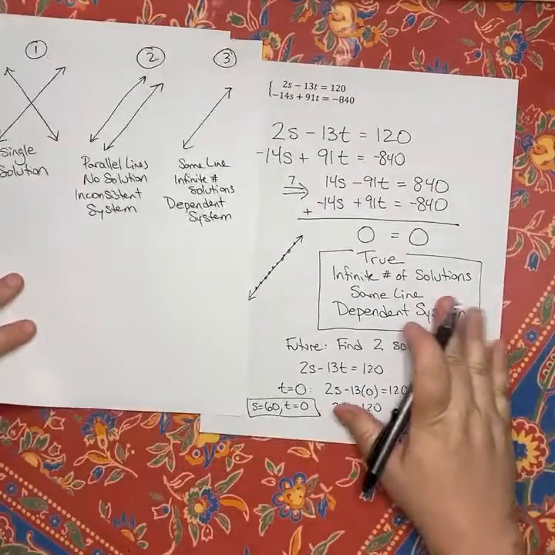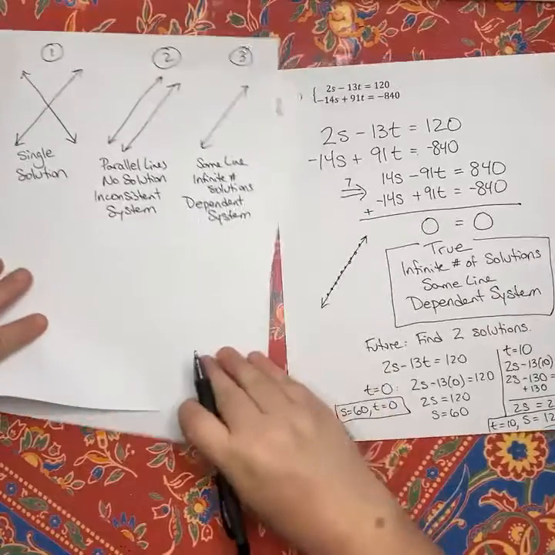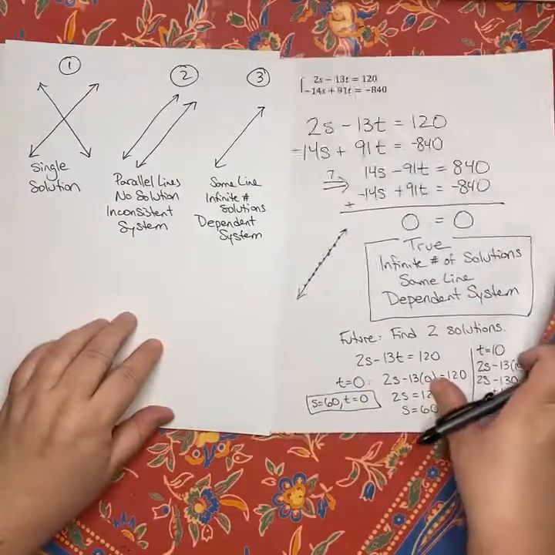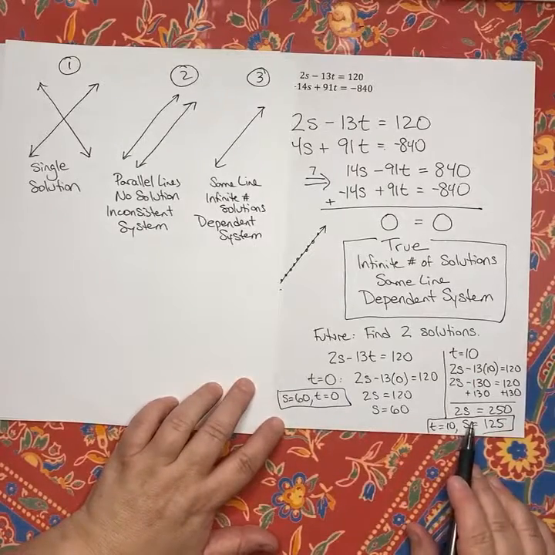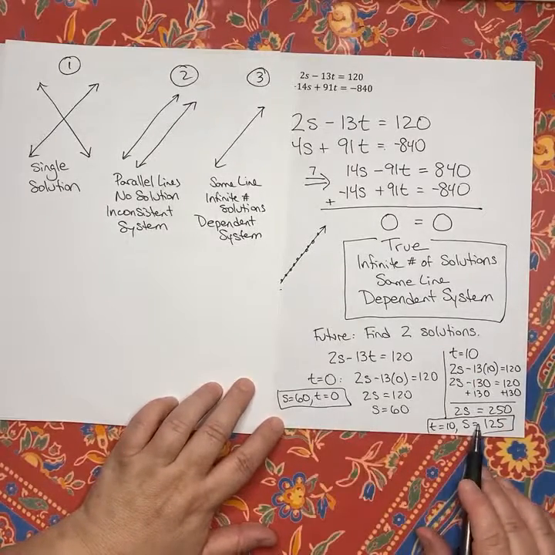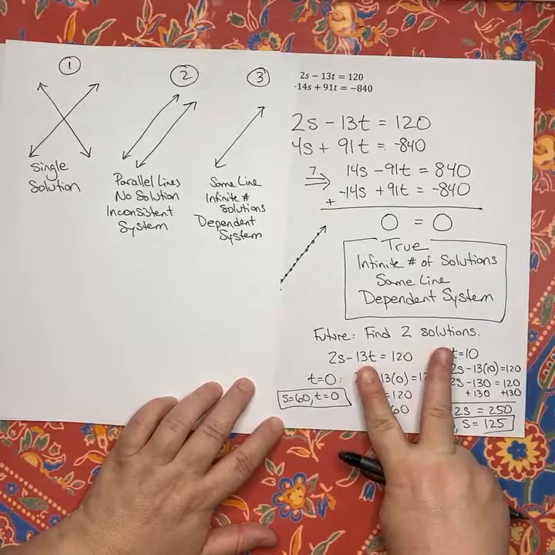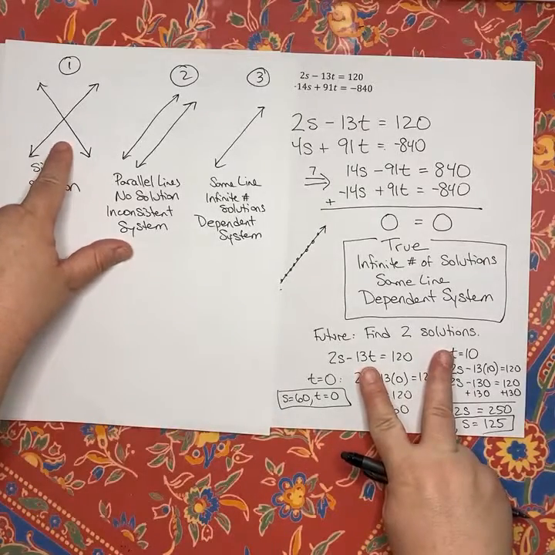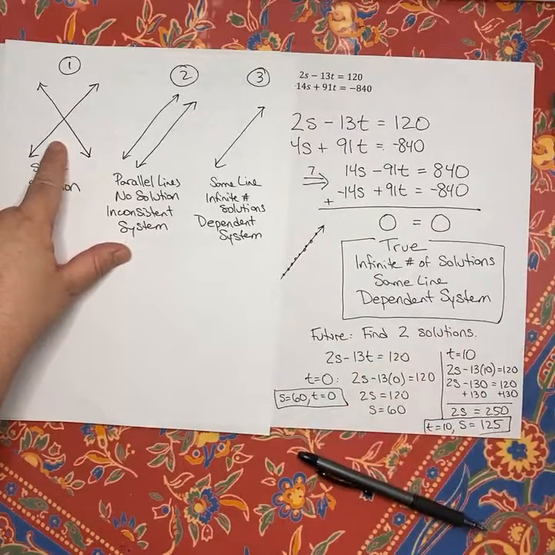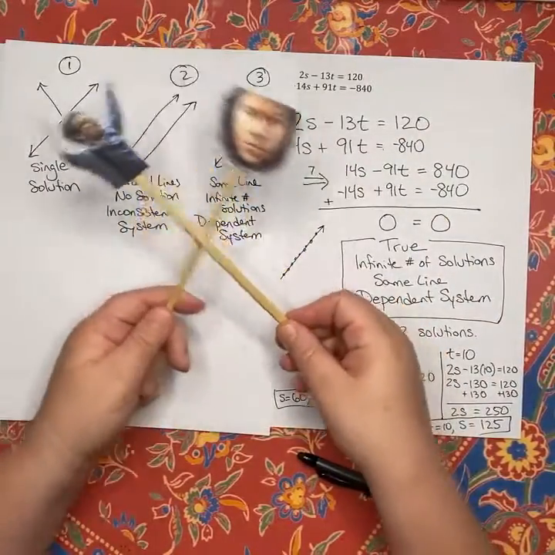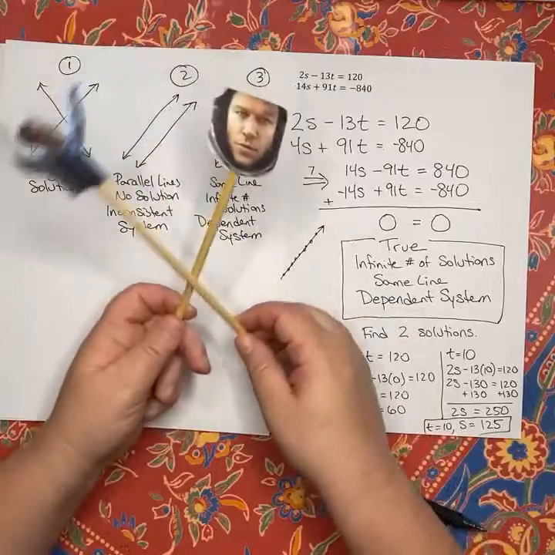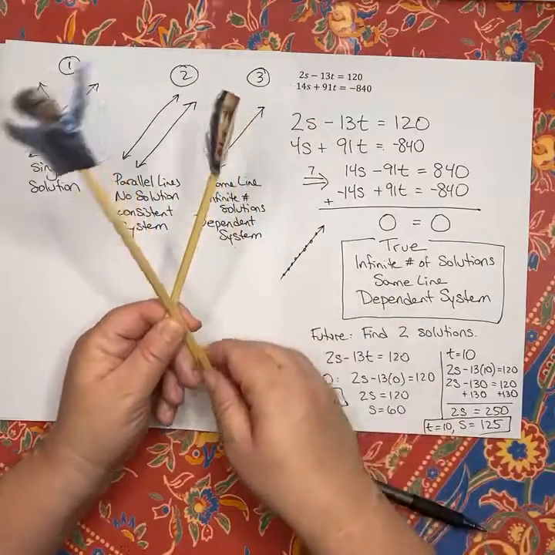So, what is the point of doing all this work over here and finding 2 solutions? Well, if you find 2 different solutions, 2 solutions that work, could you be there? No, because straight lines can't bend. No matter how I intersect, I can't make it come back and intersect a second time.